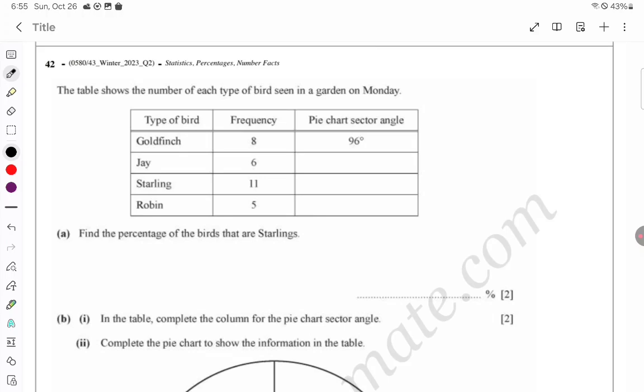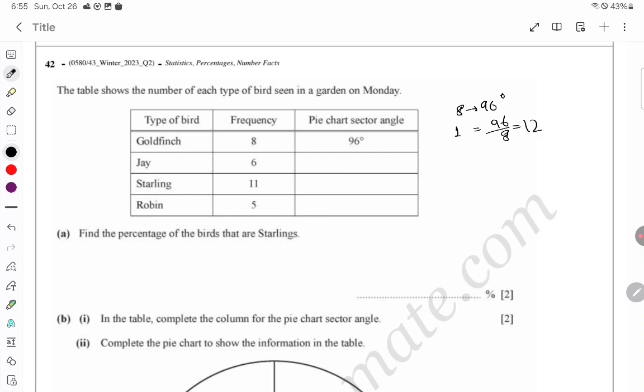We can calculate for one goldfinch. For 8 it is 96 degrees. For 1 it will become 96 divided by 8, 12.